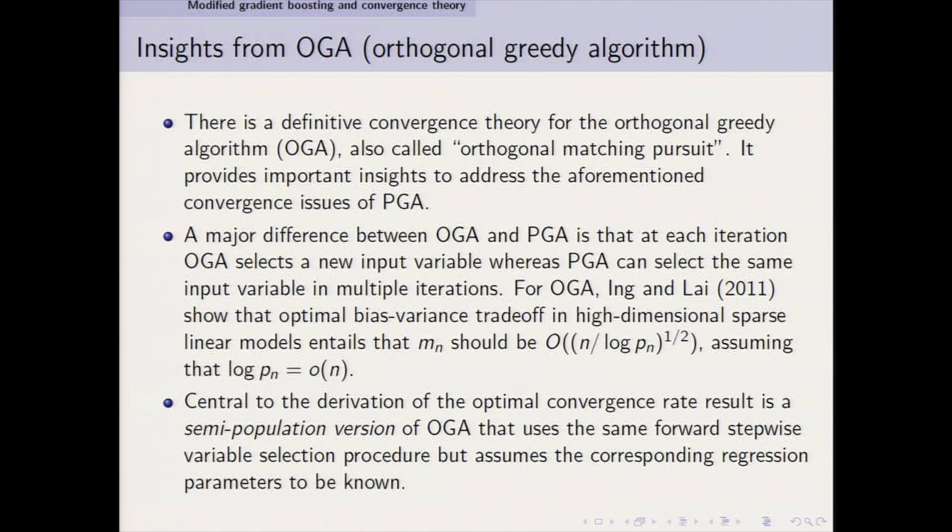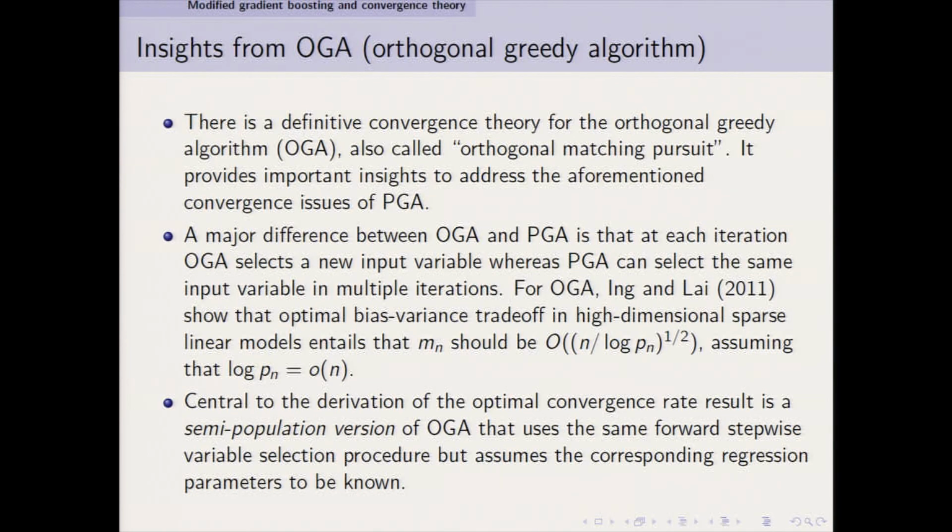In other words, when we add a variable, just like forward stepwise regression, every time we add a variable, I orthogonalize things and add something that is orthogonal to it.